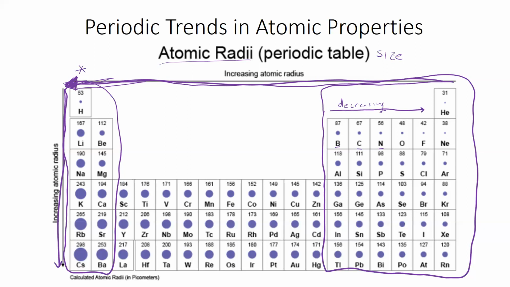And what's causing the core electrons to be pulled in, and thus the valence electrons to be pulled in tighter as you go across, is just the fact that the nucleus has a higher nuclear charge. It'll pull them in until, again, there's no space for more electrons. So that's the trend in atomic radii.